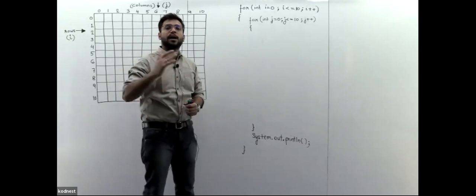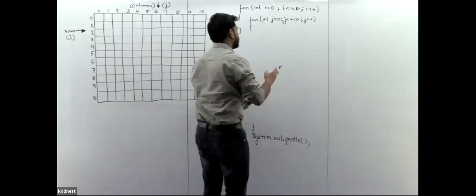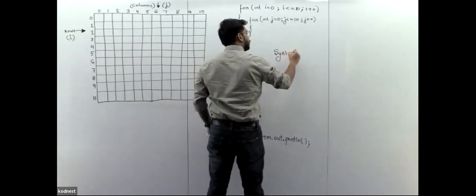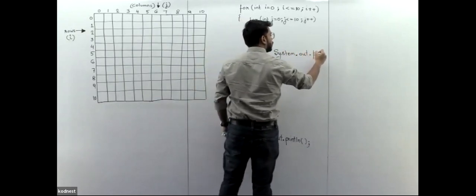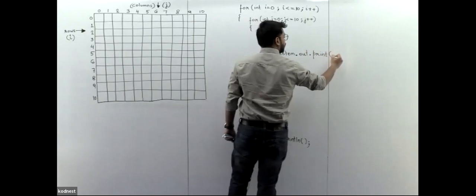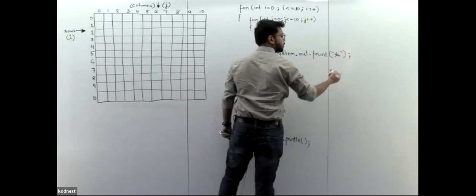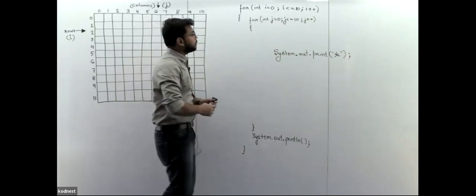If you want to fill stars everywhere, then you just need to write inside System.out.print what I want to print, which is a star like this. That's all. If you write this much, what will happen?